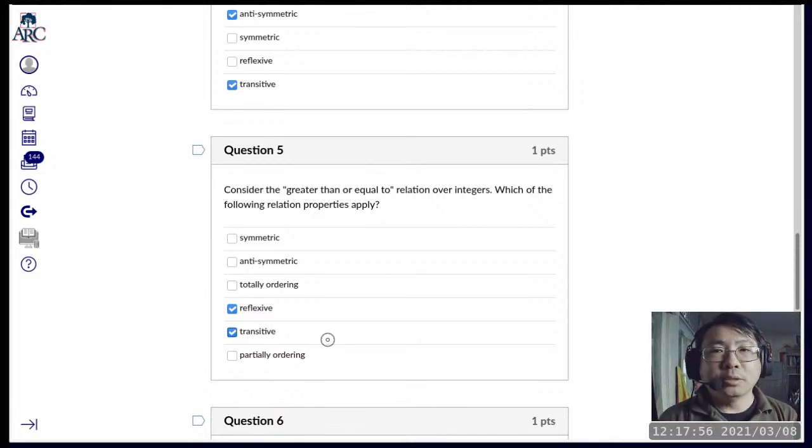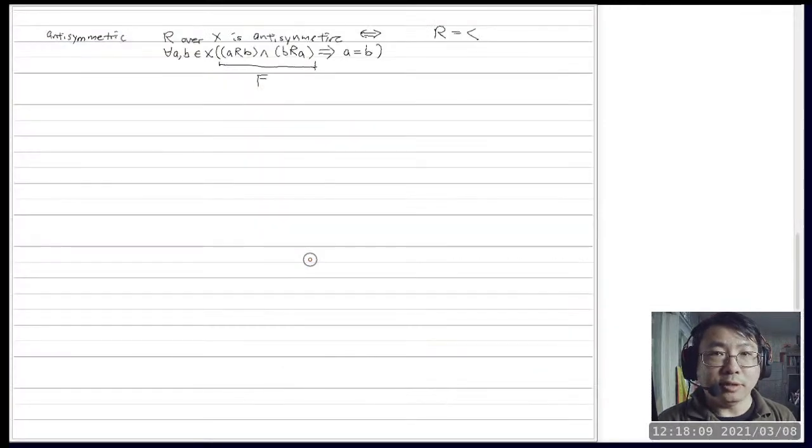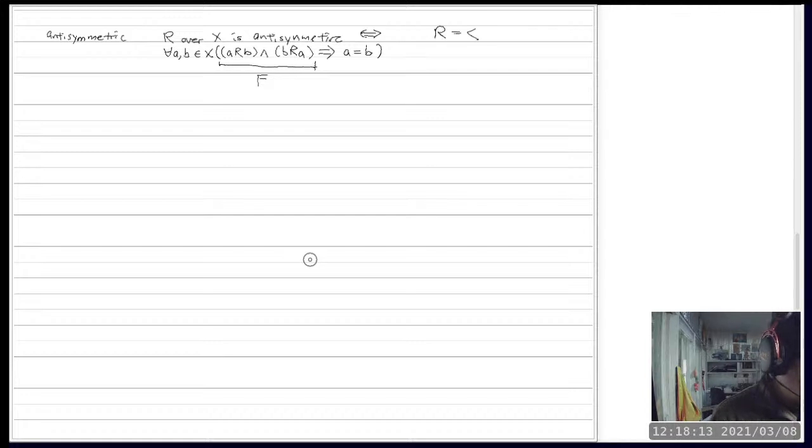Now we move on to something that is trickier. Is it anti-symmetric? What do you think? We just looked at the anti-symmetry definition, which is this one here. It is not always the case that this is false.